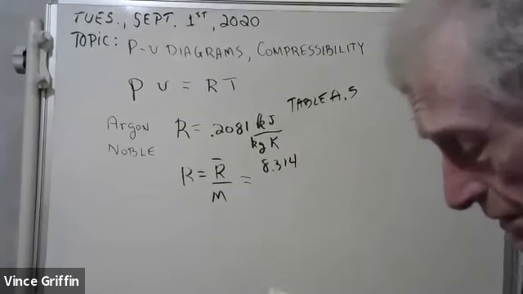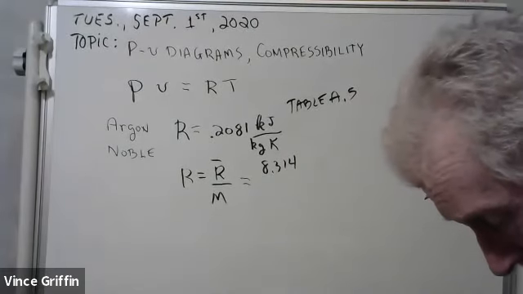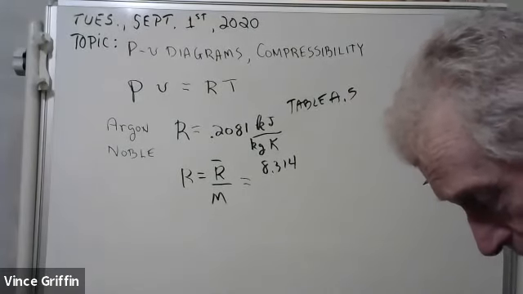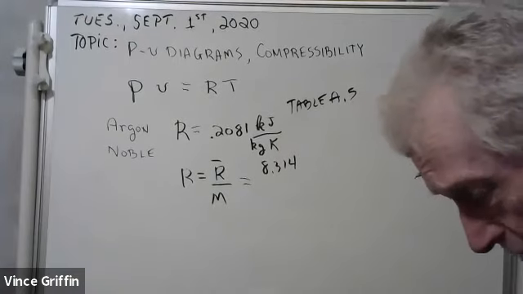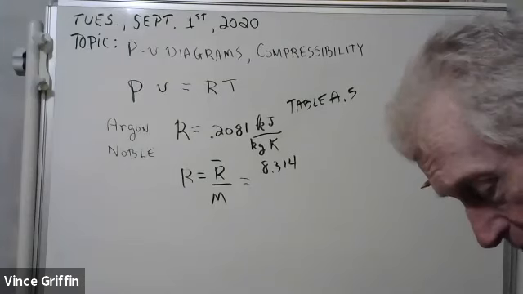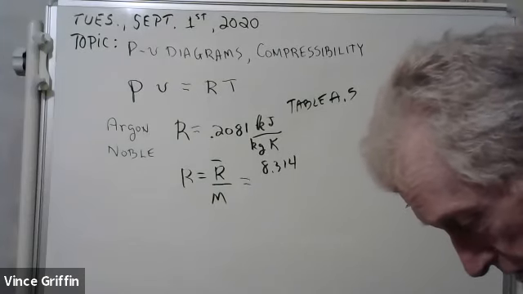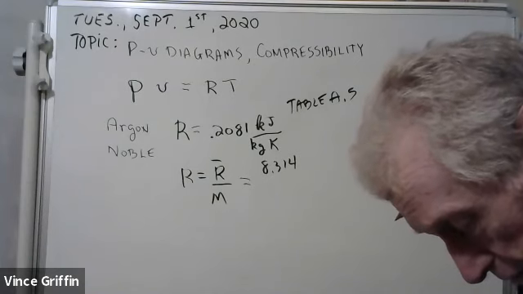Hey, did I do that right? I don't know. That could be wrong. Let me shop around a little bit here. Gas constant. Maybe you could help me find it.